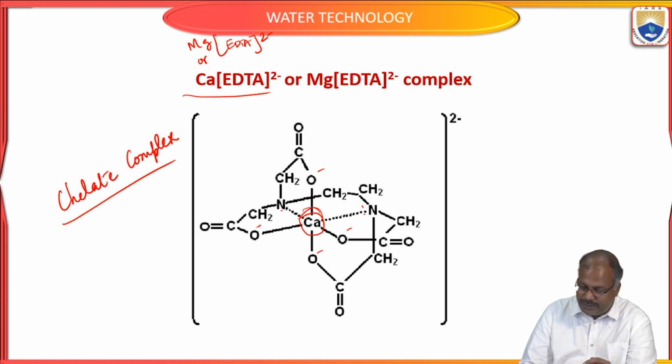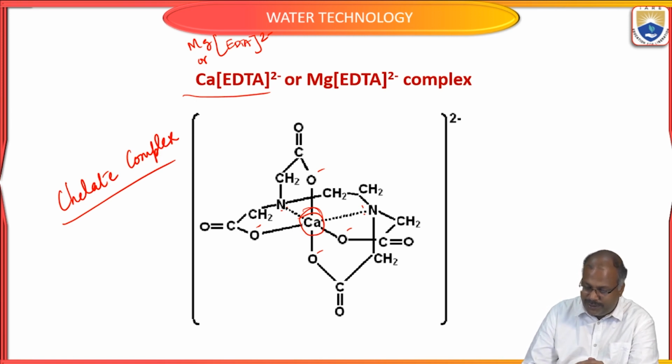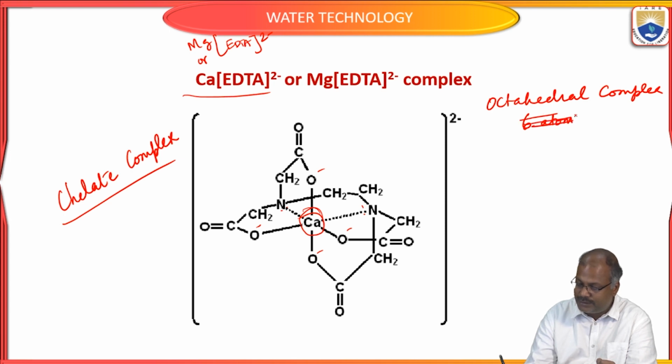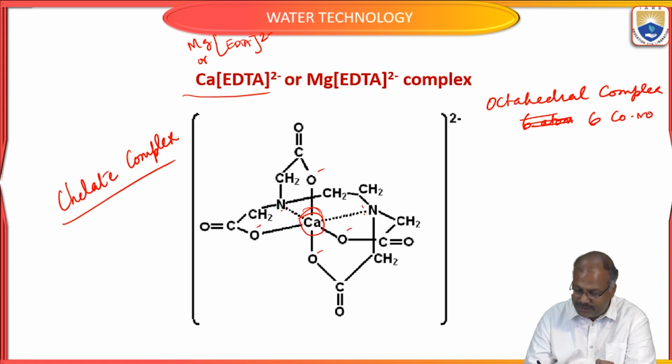That's why it forms an octahedral complex. Why do we say it's an octahedral complex? Because there are 6 atoms, a coordination number of 6, meaning it's surrounded by 1, 2, 3, 4, 5, 6.